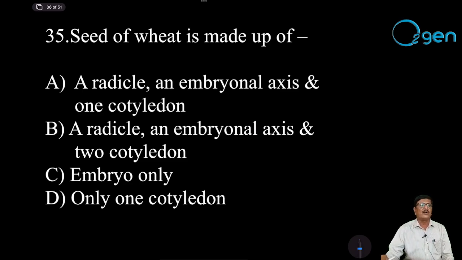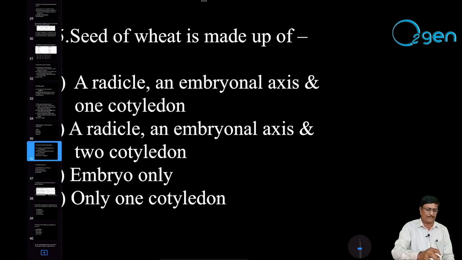Whereas in dicots, there are radicle, embryonal axis, plumule, and two cotyledons. So the seed of wheat is made up of a radicle, an embryonal axis, and only one cotyledon. That single cotyledon is commonly called the scutellum. Here option A is correct.